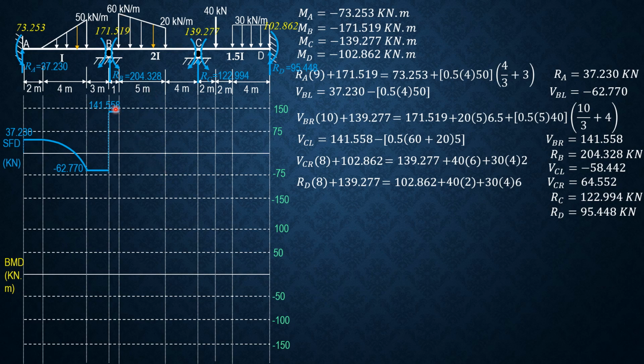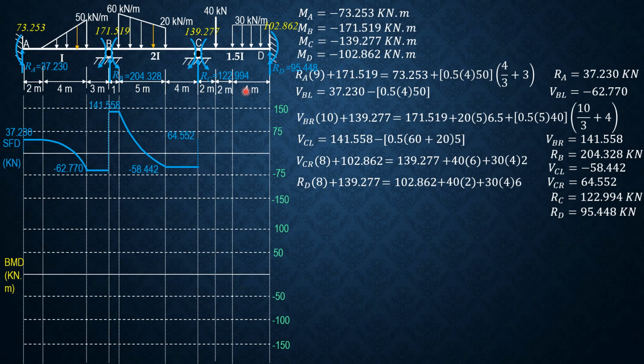So the curve looks like that, second degree. So 141.558 minus 0.5 of quantity 60 plus 20 times 5. So the ordinate here would be negative 58.442. Then constant, that's the shear at C just to the left, negative 58.442. It checks here.